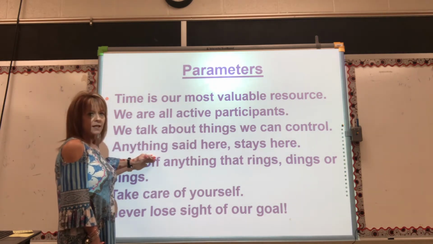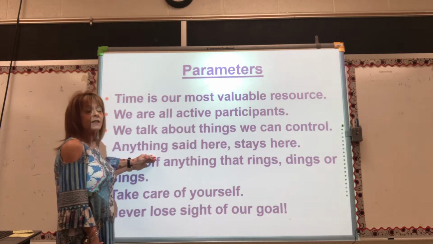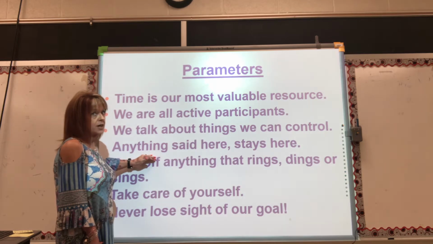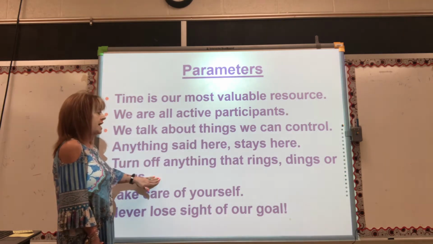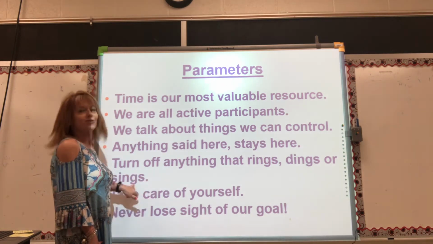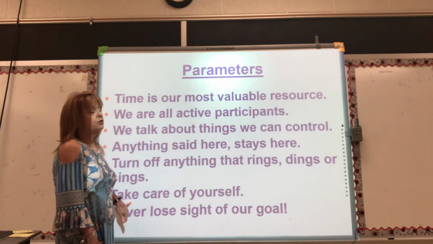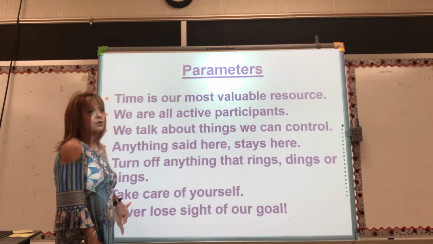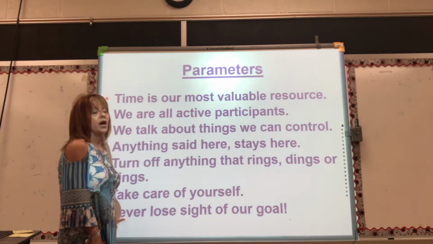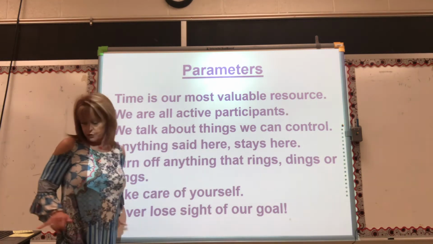Anything that's said here stays here. Confidentiality is always important. I would ask you to turn off anything that rings or dings or sings. Thank you. And take care of yourself. If you need to go to the bathroom, get up and go. If you need something to drink, get something to drink. And we're never going to lose sight of our goals.